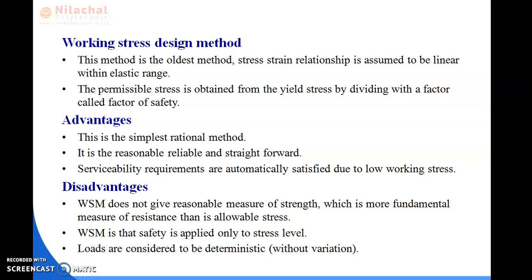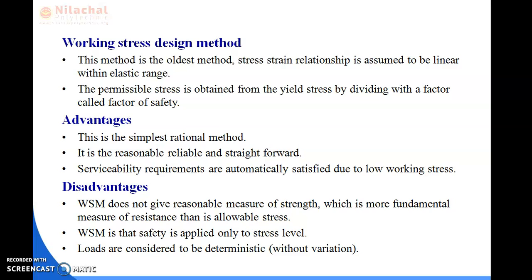Here the formula is also very simple, and it is suitable for calculating the serviceability of any structure. It is also reasonable, reliable and straightforward.